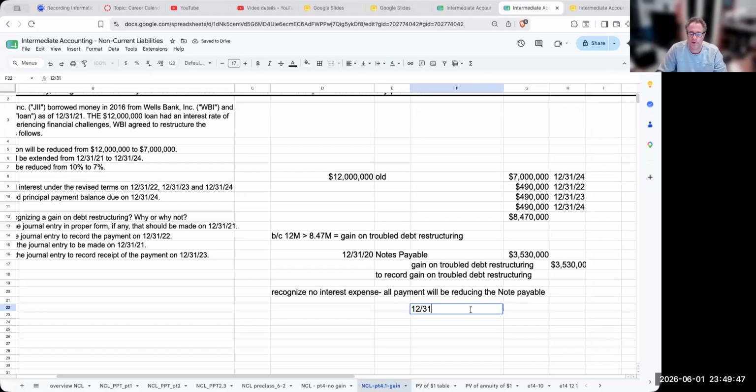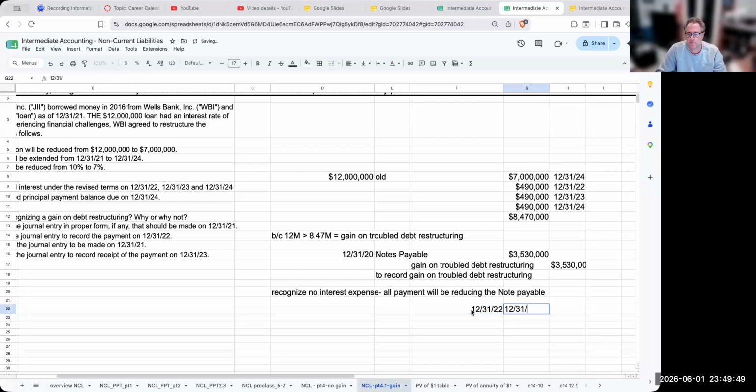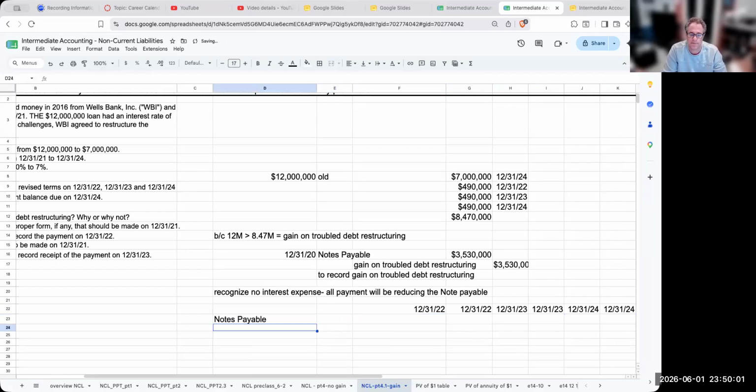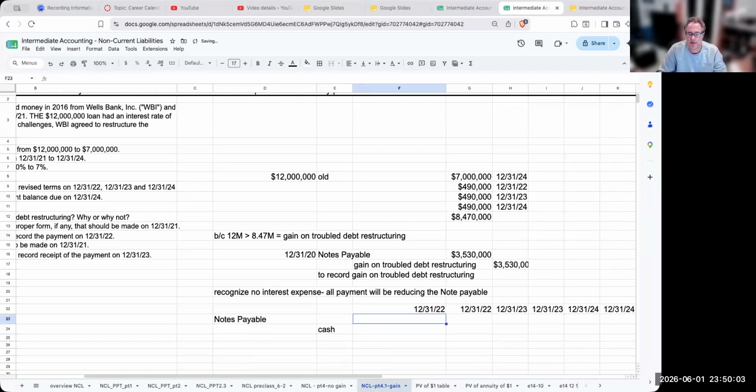Okay, so what does this look like? Well, on 12/31/22, 12/31/23, 12/31/24, in terms of the interest, we're going to basically be debiting notes payable. And we're going to be crediting cash, and this is going to be for the 490,000.